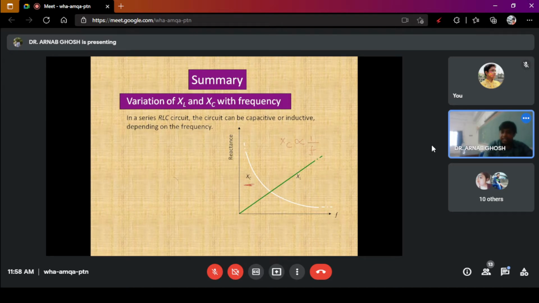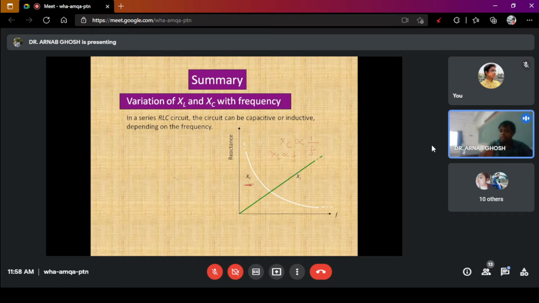XL is directly proportional to F. So as the frequency is increasing, the inductive reactance is increasing, and the capacitive reactance is decreasing. This is the nature of the curves.